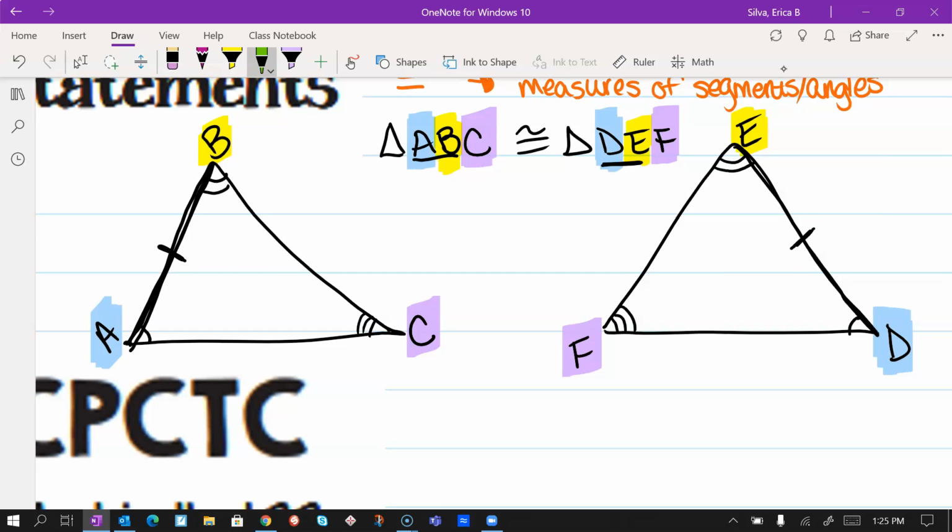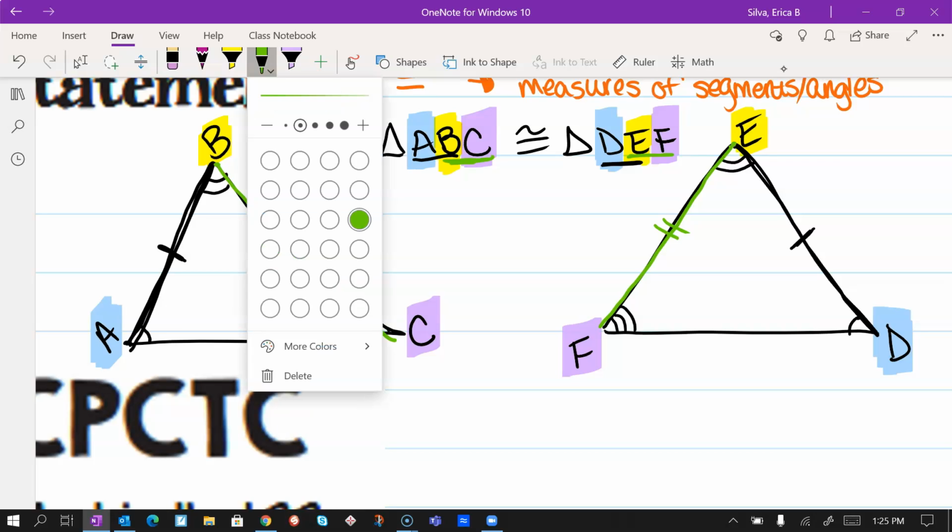Then if we look at the next 2 points, from B to C, segment BC, that's going to be congruent to segment EF. So I'm going to use 2 tick marks on this one to show their congruence. What I also want you to notice is that this segment is connecting E and F. E has the same number of arcs as B, and F has the same number of arcs as C. So it's like a matching game.